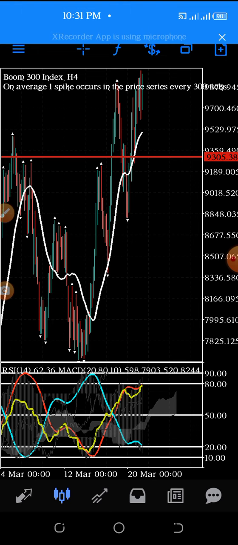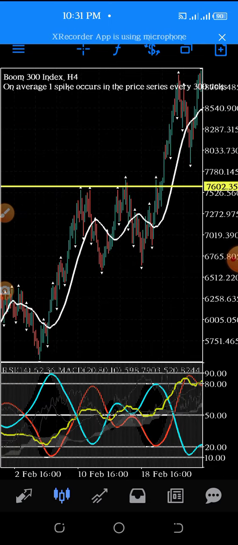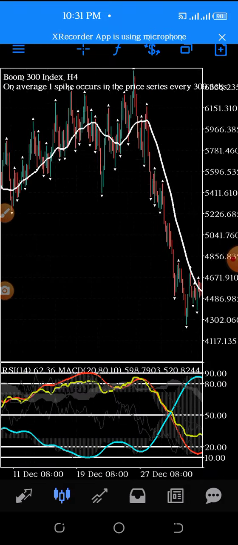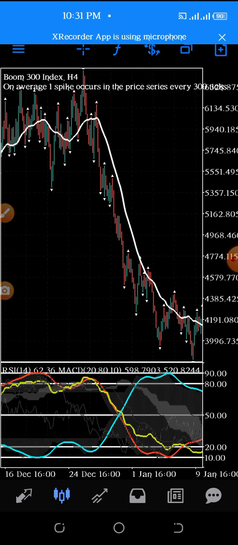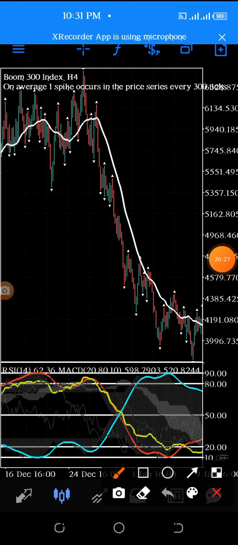If the market is trending, it is whether it's going up or coming down. If you watch here now, okay, let me show you from here. As you can see on this chart, this market from here is trending. From here is downtrend.